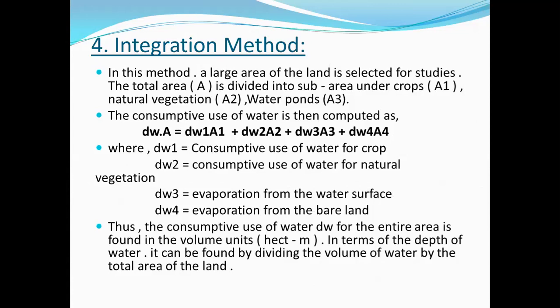So in this method, the equation expresses dW as the consumptive use of water.